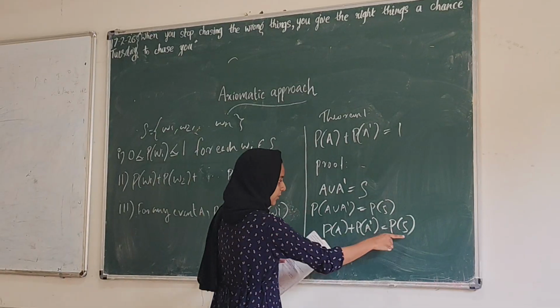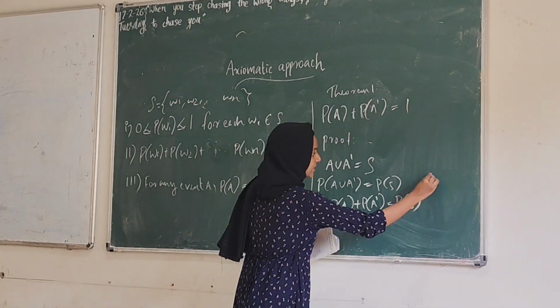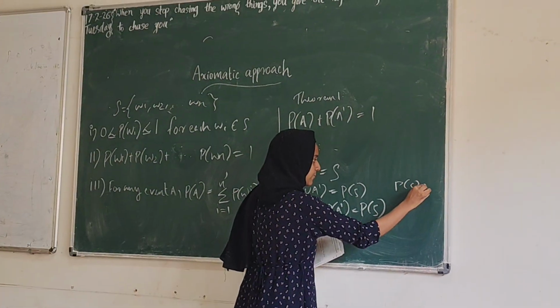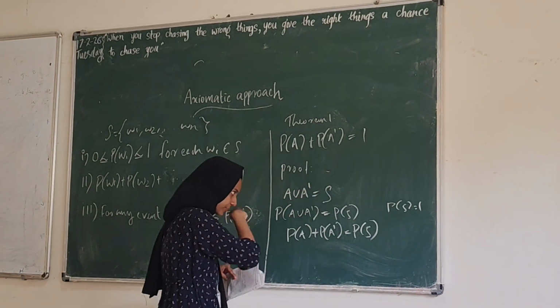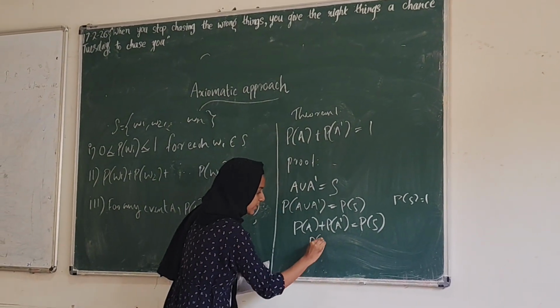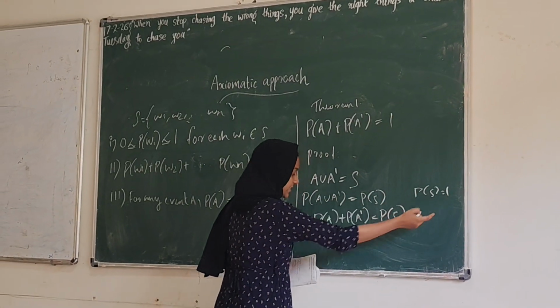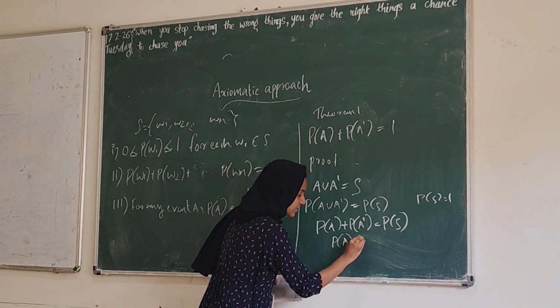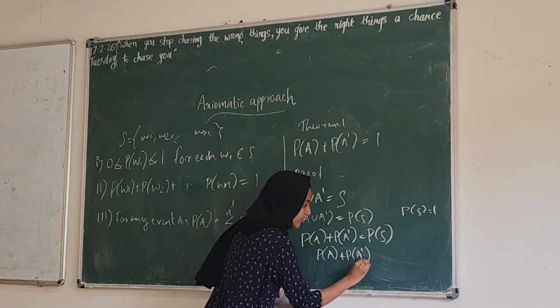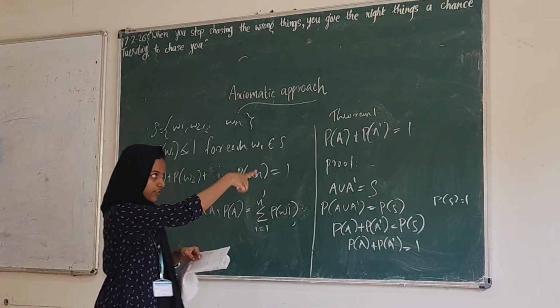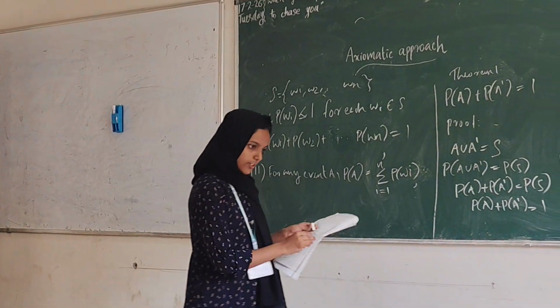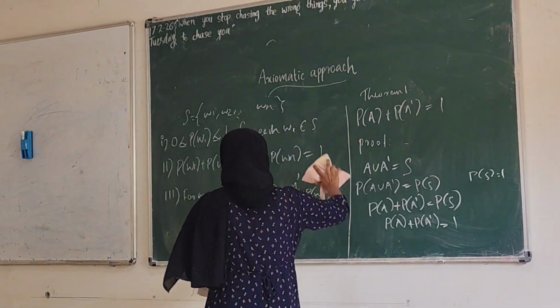From axiom 2, we know that the probability of the sample space is equal to 1. So P of A plus P of A complement equals 1. This is one theorem. Now moving to the next theorem.